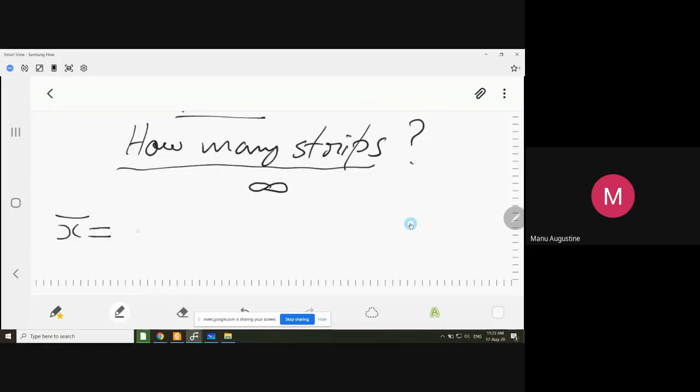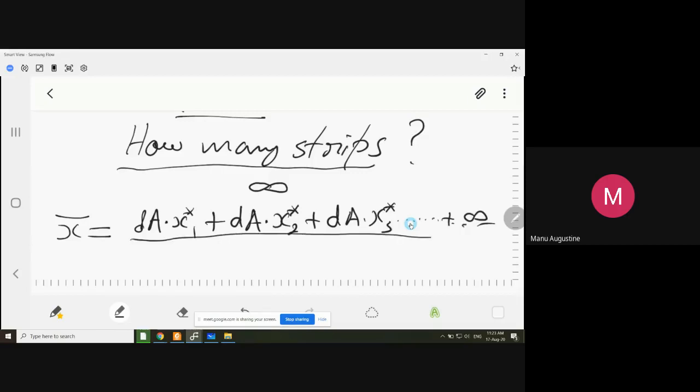x bar is equal to, the first area is dA multiplied by x1 star, the second area is also dA multiplied by x2 star plus dA into x3 star and so on till infinity, and whole divided by dA plus dA plus dA, how many times?